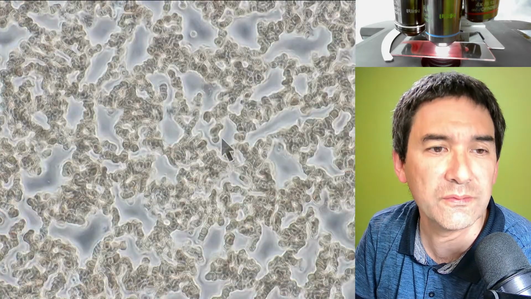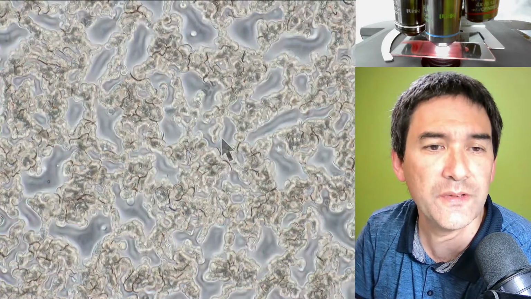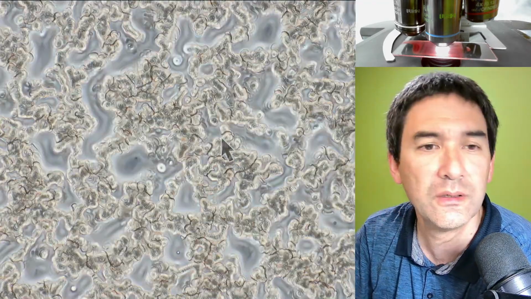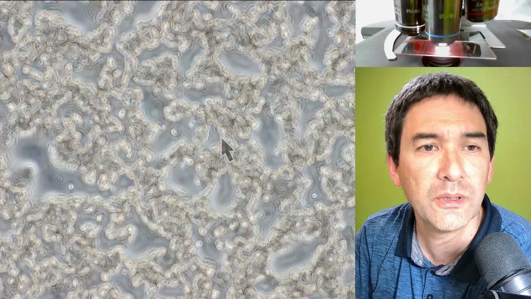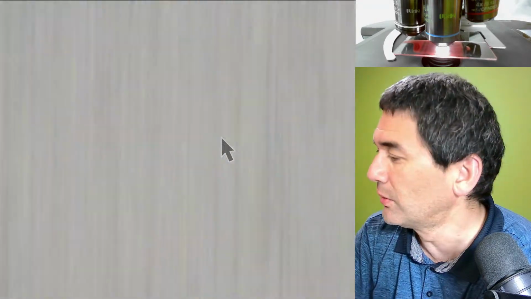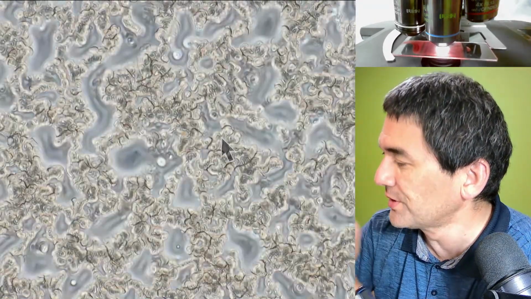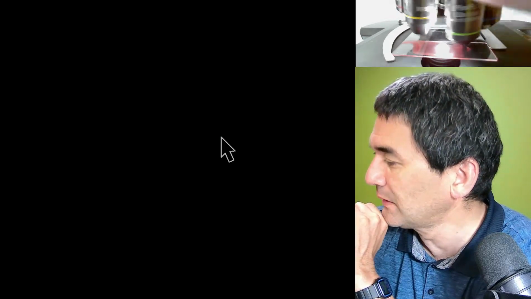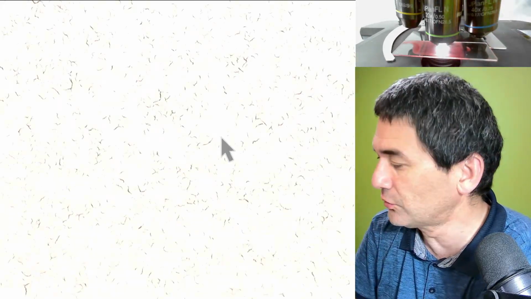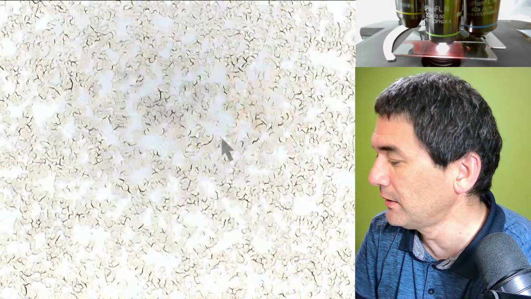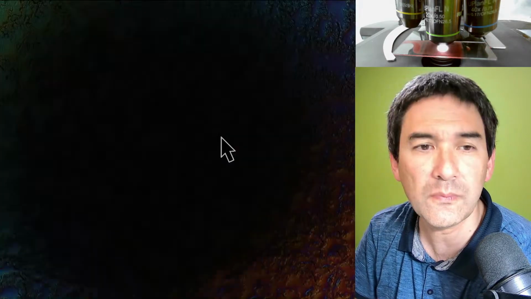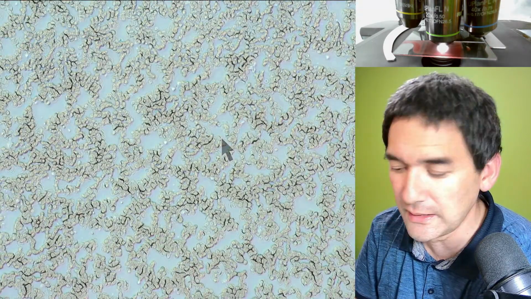And I have to open this here. This is not phase contrast. It doesn't look very good. So what I'm going to try now is also something I didn't do yet: I'm going to directly add a little bit of methylene blue stain on here, and let's see if that works.